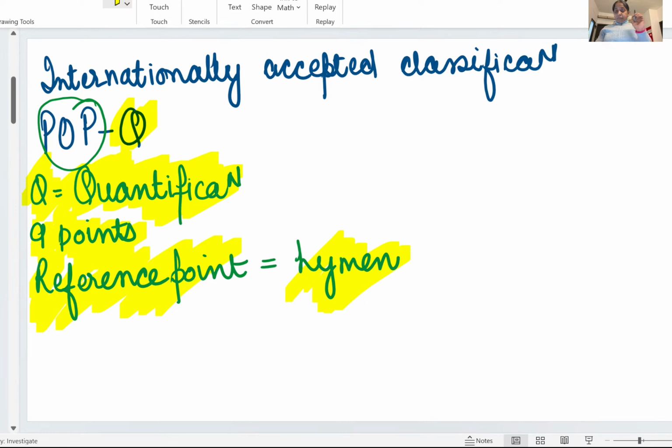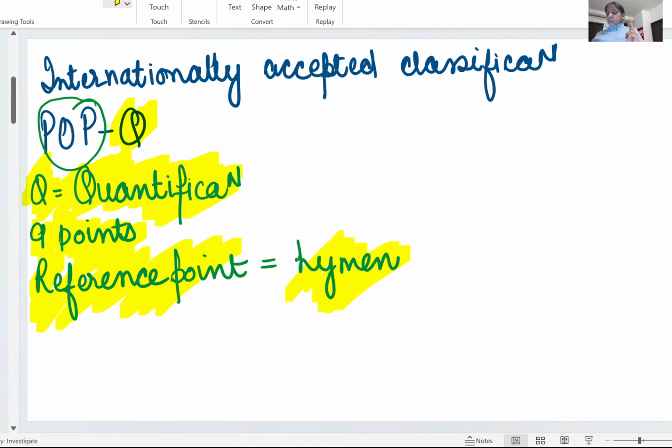Basically, there are 9 points in it. How many points are there? There are 9 points where we measure how much is cystocele and how much is rectocele. We have to remember only 2 things about this classification.